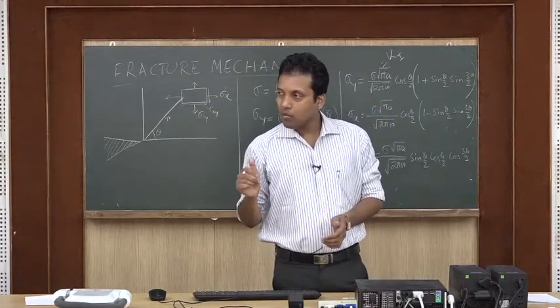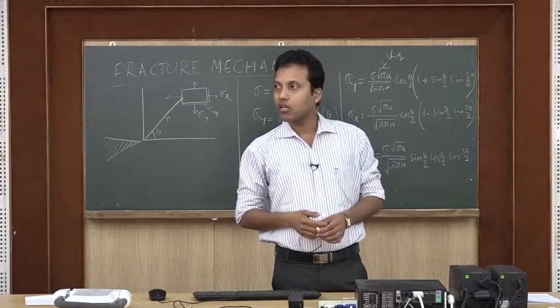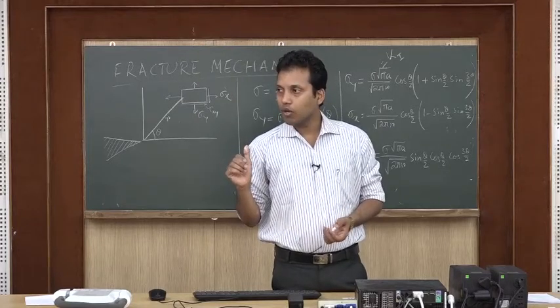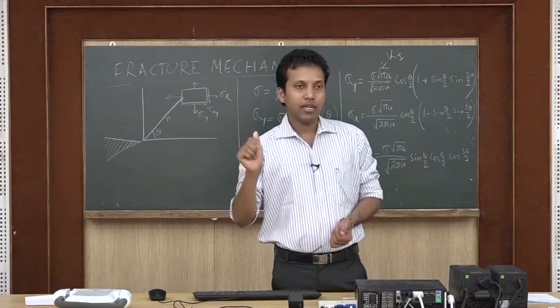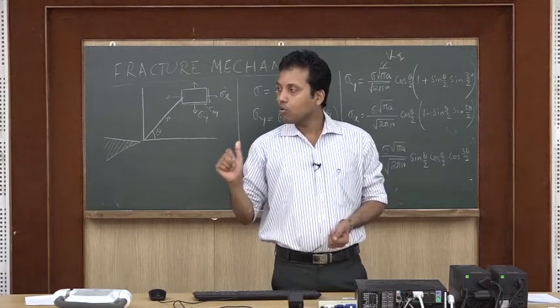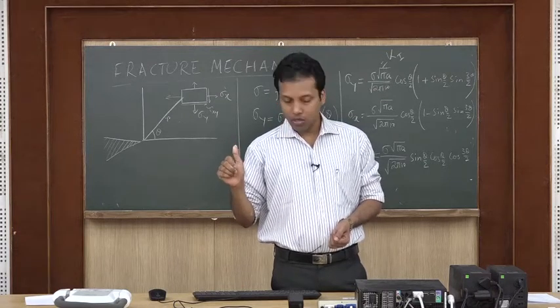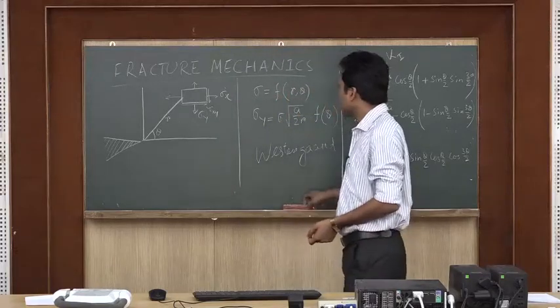So this is K1. In many cases where this equation is written as Ki, you have to pronounce that as K1. Why? As I said just now, this is in mode 1 loading. So we have to know what mode 1 loading is.